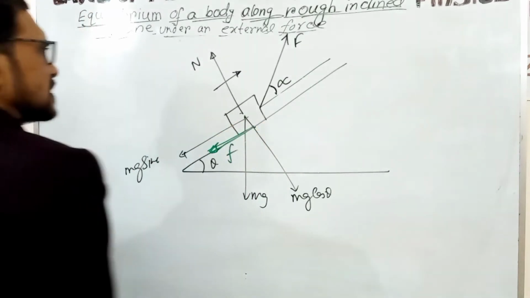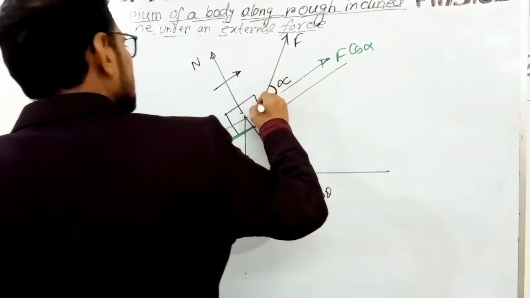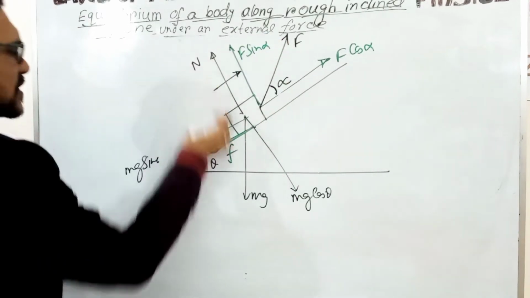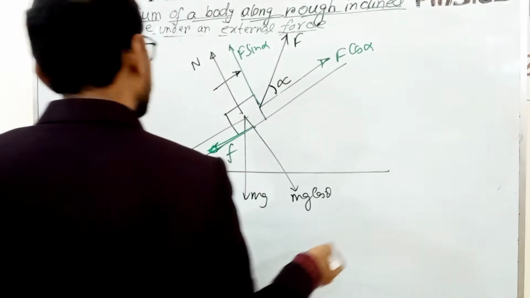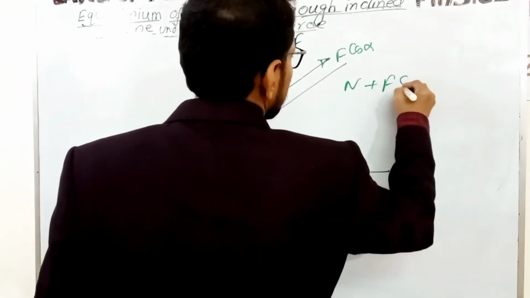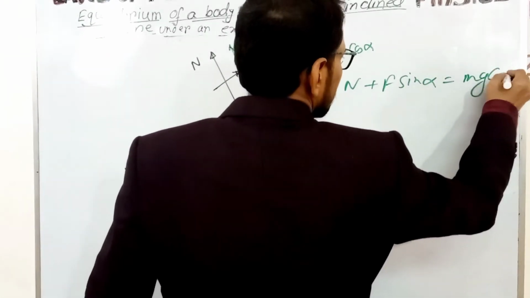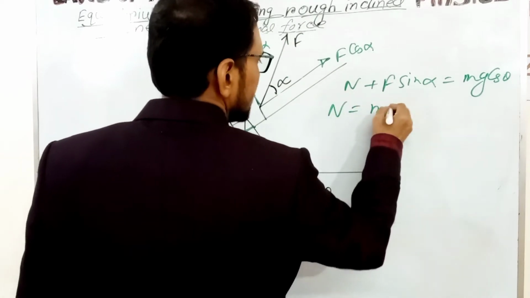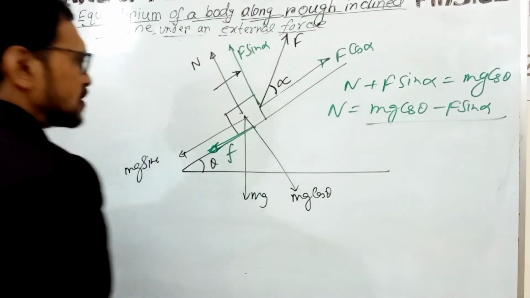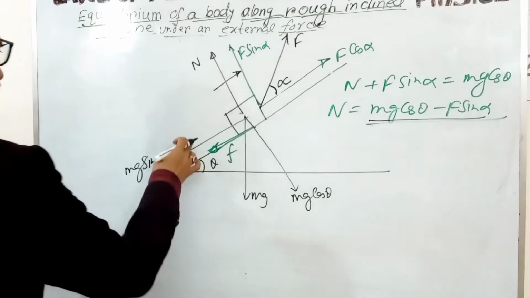This is F. Now the force component along this direction is F cos alpha, and in this direction is F sin alpha. Now here N plus F sin alpha balances the mg cos theta, as in the previous problem. So N equals mg cos theta minus F sin alpha. This is the normal reaction we get, and here F cos alpha balances this plus this.